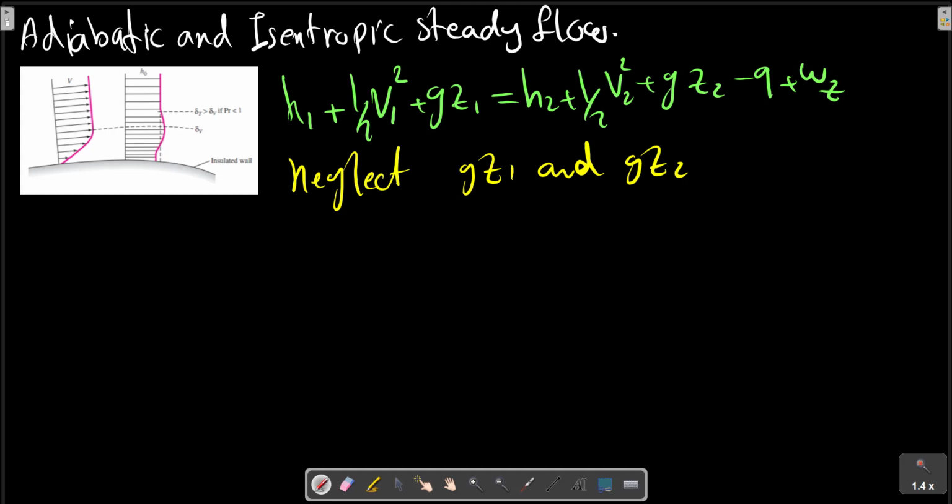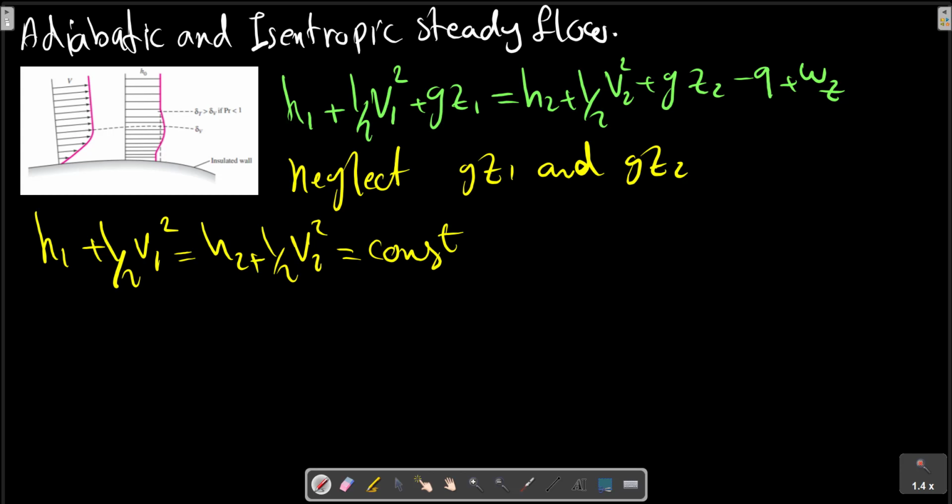But outside the boundary layer, Q and W, the work of viscosity, are zero by definition, so that the outer flow satisfies the simple relation: h1 plus V1 squared over 2 equals h2 plus V2 squared over 2, equals constant.